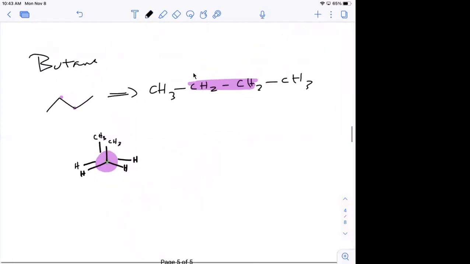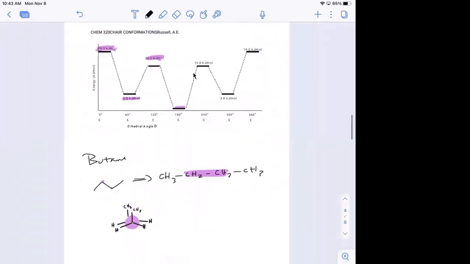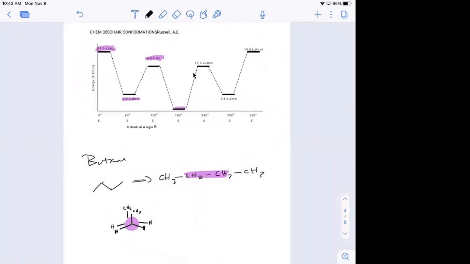All right. So that's the first conformation based on the potential energy surface. Are y'all following that? See how high that energy is, 19 kilojoules per mole? So we've got to account for that. So we're going to start there.